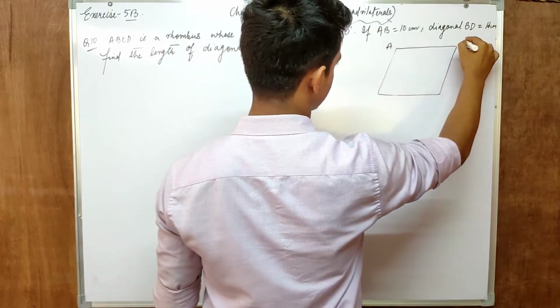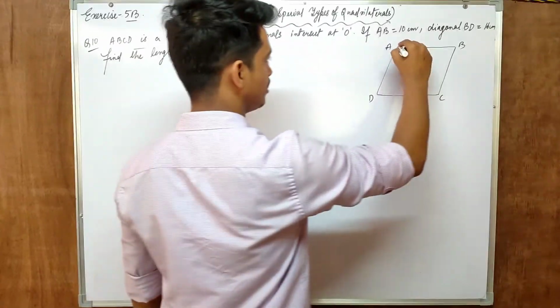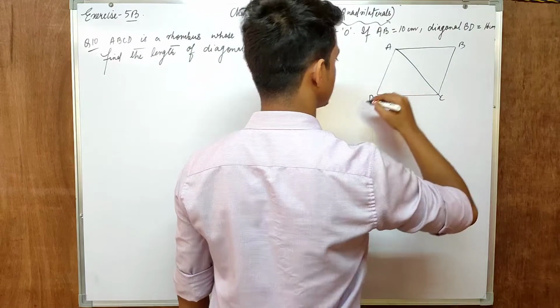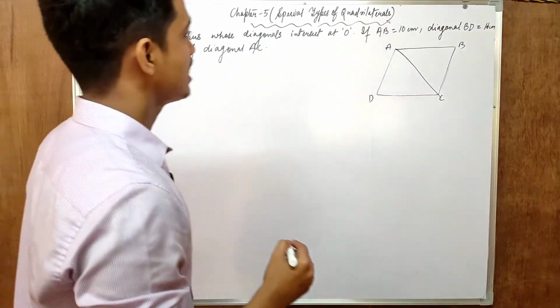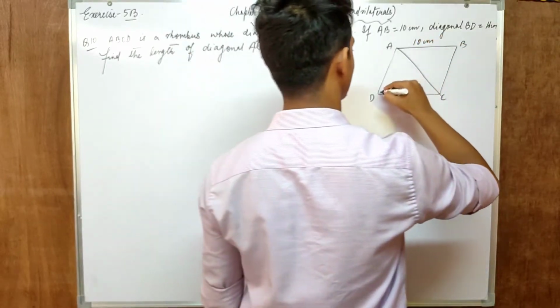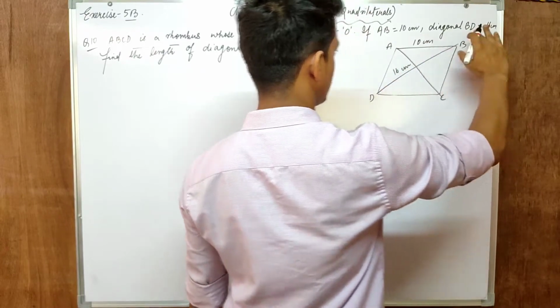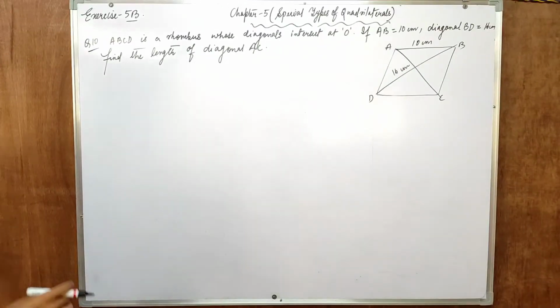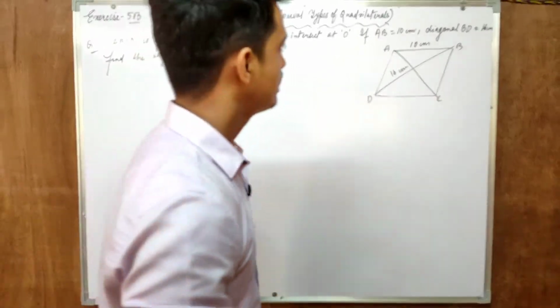Make ABCD as the name, and then the diagonals. This is the diagonal. Here AB equal to 10 centimeter is given, and BD equal to 16 centimeter, the whole length, is also given. Find the length of diagonal AC.